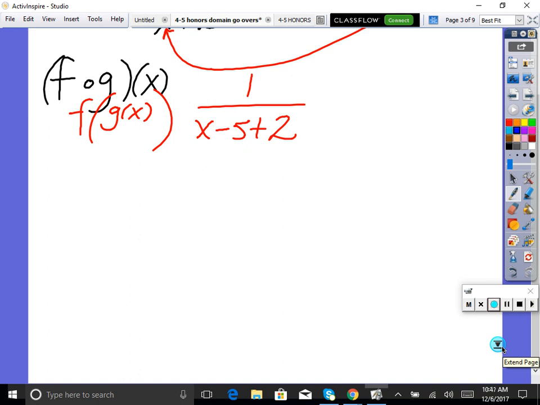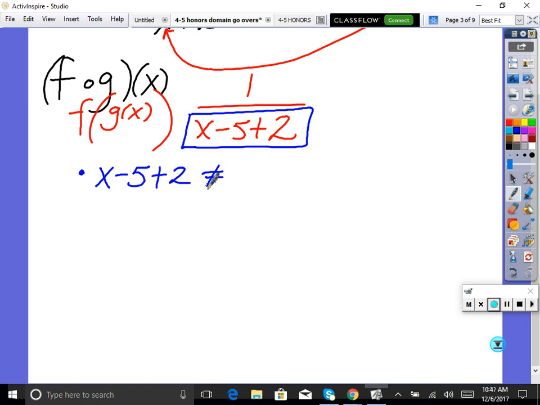This is my first problem, am I right? So we'd say x minus 5 plus 2 cannot be 0. Solve for x. So won't that be x minus 3 cannot be 0? So x cannot be 3.